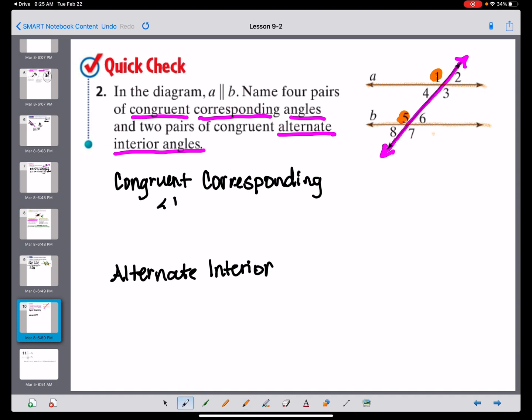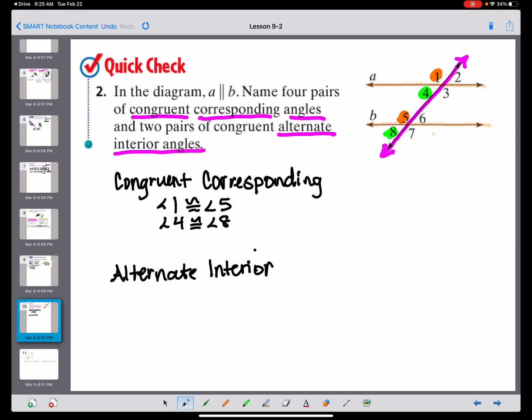So angle 1 is congruent to angle 5. Another pair with similar properties are 4 and 8. 4 and 8 are both to the left of my transversal and below their orange line. So angle 4 is congruent to angle 8.